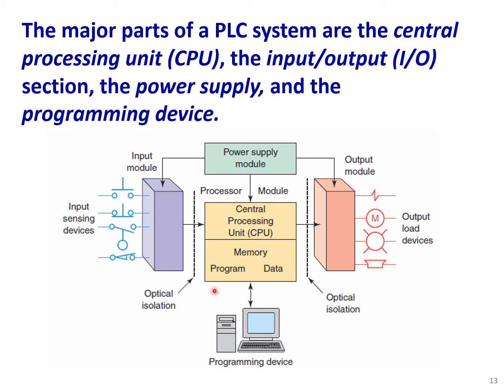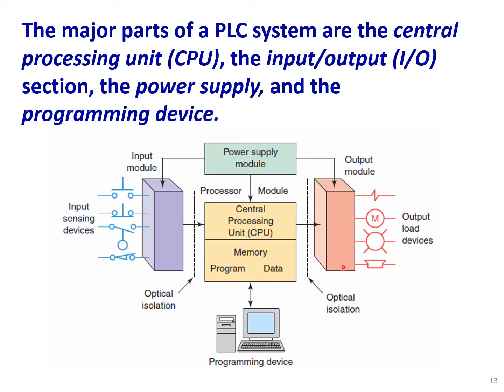So here in the picture, you could see a CPU or central processing unit, the memory section, we have the input module, to which we could connect our input devices.